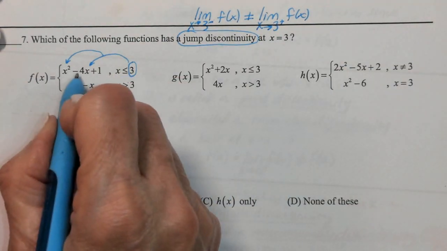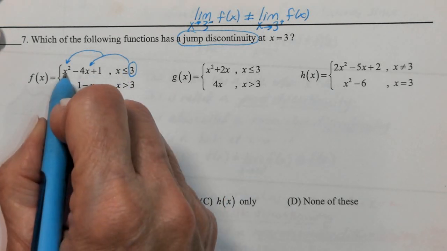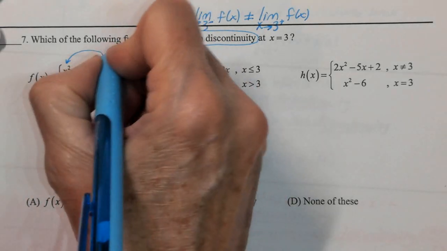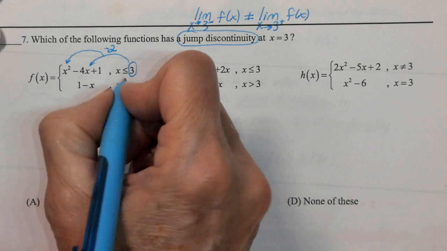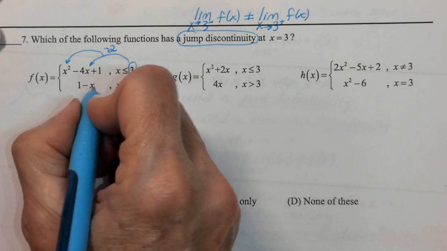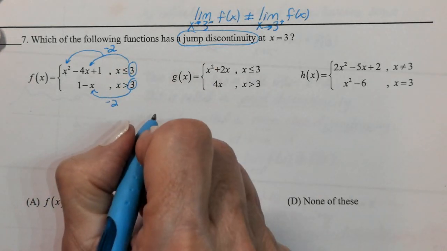If I put 3 in here from the left, that's 9 minus 12 plus 1. That's going to give me a negative 2. From the right, 1 minus 3 is a negative 2. Those are equal.